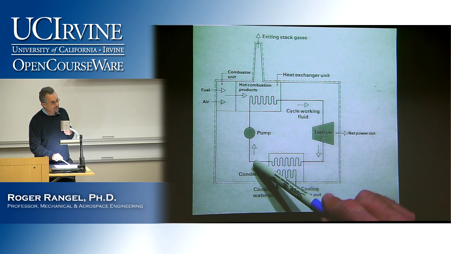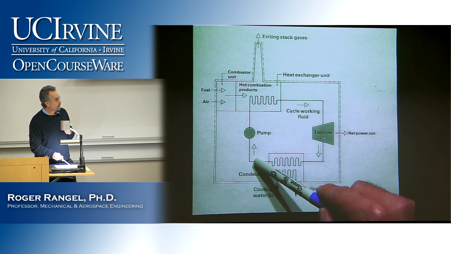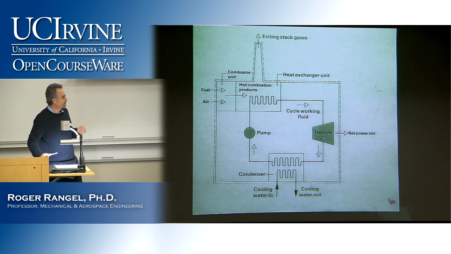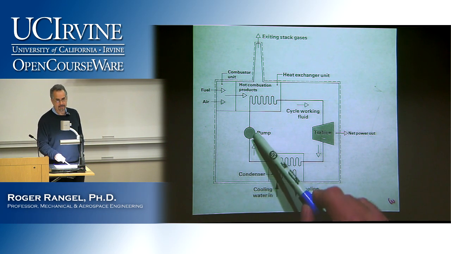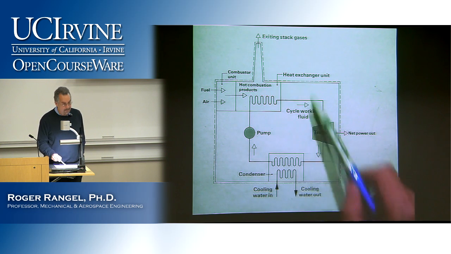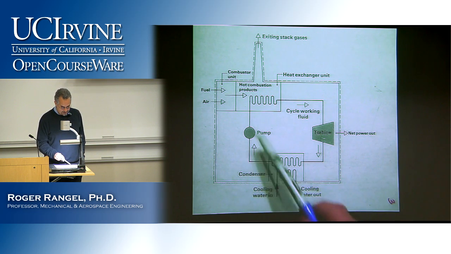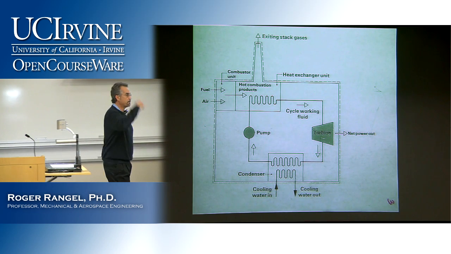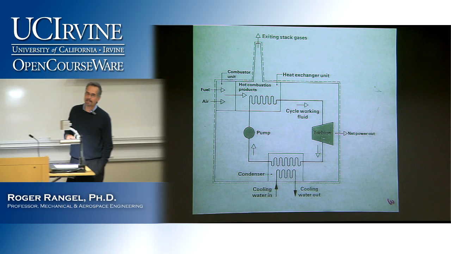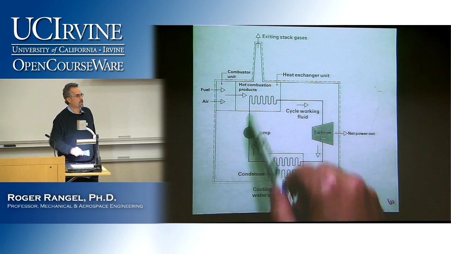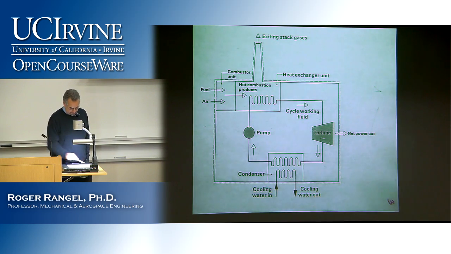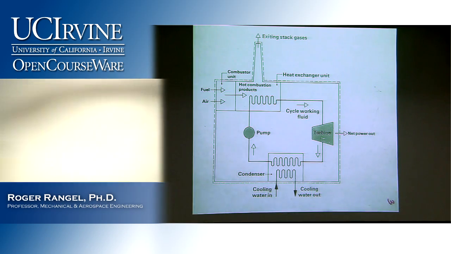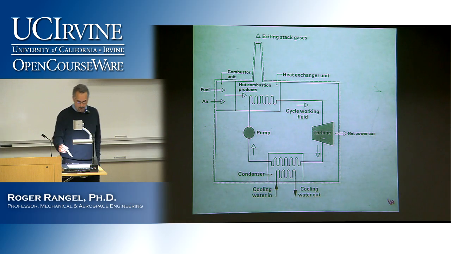And then now I have a liquid, but I have another problem, which is that this liquid is at a pressure which is not high enough to be fed into the combustion chamber. That's why the fourth ingredient in the cycle devices is the pump. So now I need to take that liquid that comes out of the condenser at a low pressure and pump it up to a pressure that is high enough to go into the combustion unit. So you see combustion unit, turbine, condenser, and pump are the four main components of a power plant, such as this one.